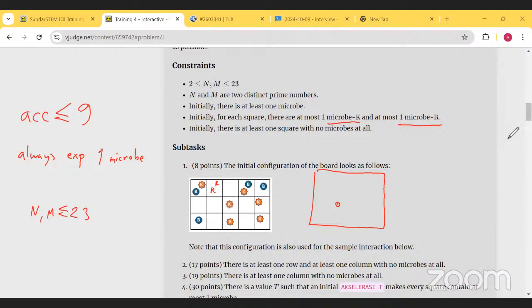So we cannot solve it. That's why there are at most one. But unfortunately, there are two types of microbes, so we have to make sure two of them are not in one position.